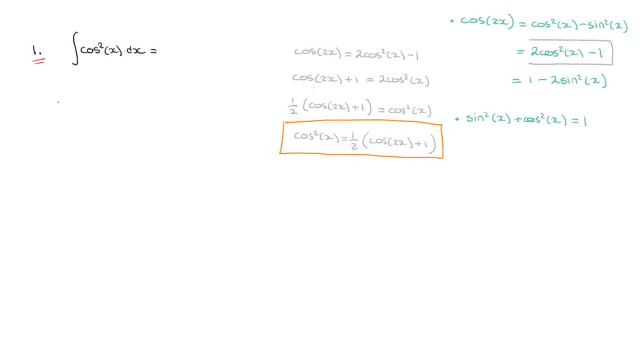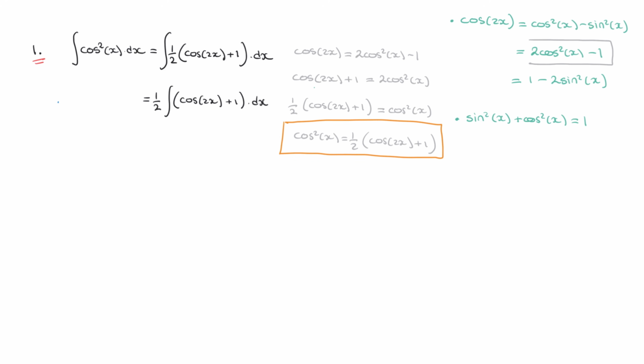So this will equal the integral of 1/2 times, in parentheses, cosine of 2x plus 1. Okay, I'll now take this factor of 1/2 outside of the integral, so that it looks like this. I'll have 1/2 times the integral of, in parentheses, cosine of 2x plus 1.